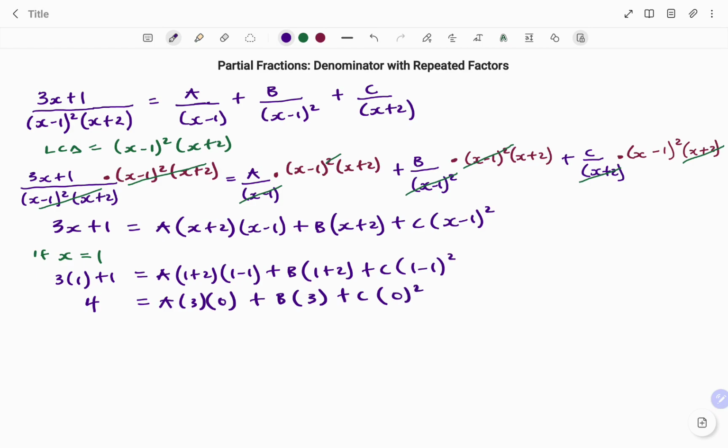So I have 4 equals a times 3 times 0, that's 0, plus b times 3, 3b, plus c times 0 squared, that's 0. 3b equals 4. Therefore, dividing both sides by 3, b equals 4 over 3.